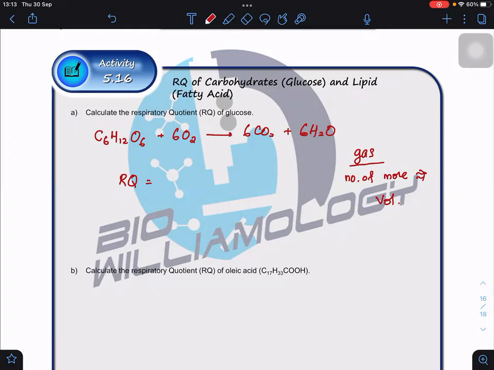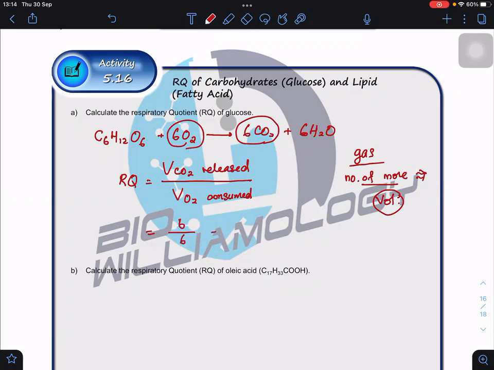So instead of using volume, I can use the number of moles, because the number of moles corresponds to the volume. So the RQ value equals the volume of CO2 released over the volume of O2 consumed. Therefore, CO2 equals 6 and O2 equals 6, so the RQ value equals 1. Clear? Okay, I've done glucose.